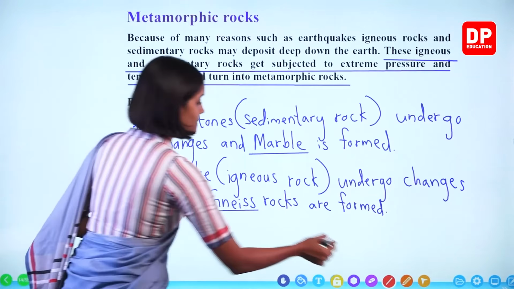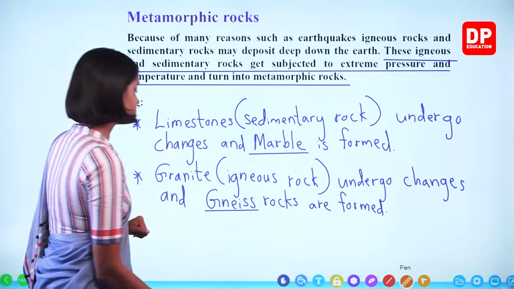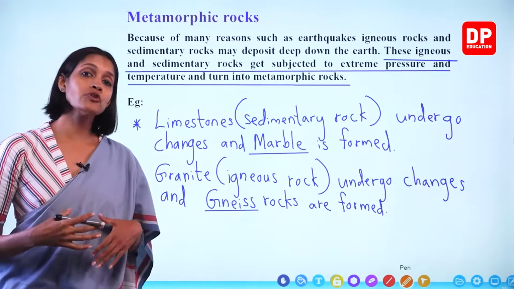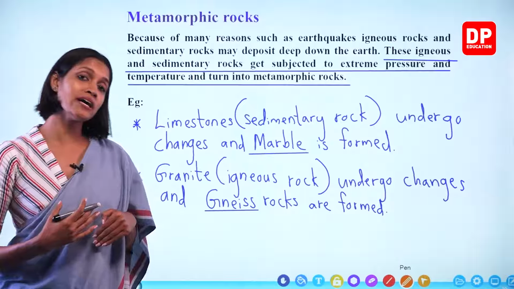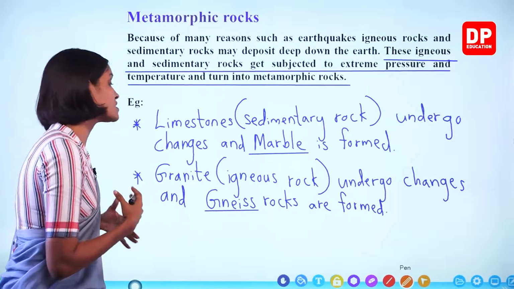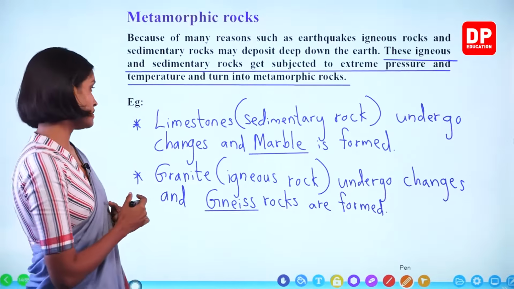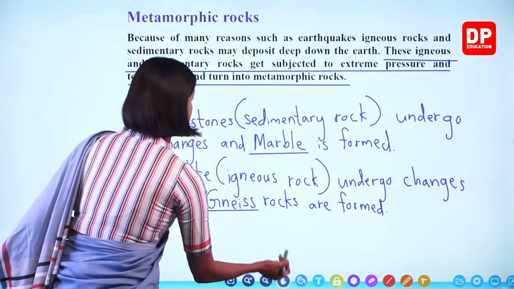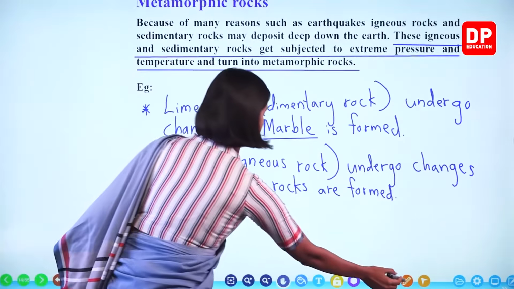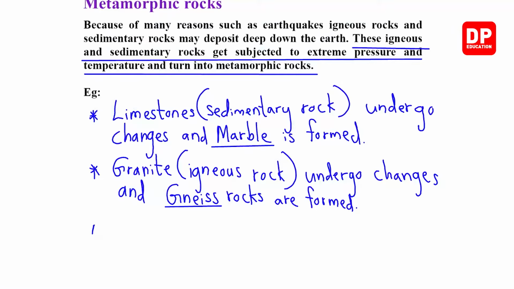Okay? Another example. There's another type of rock called slate. Slate is formed when mudstones undergo changes. Okay? Mudstone is a type of sedimentary rock.